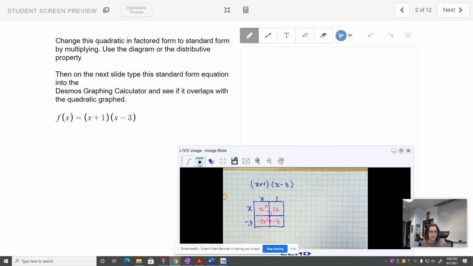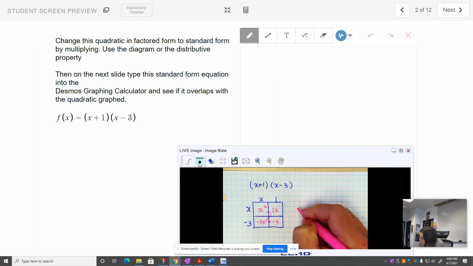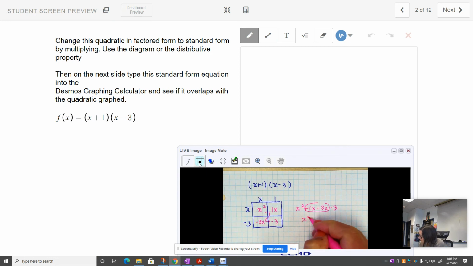Then as I write this out in standard form, I get x squared plus 1x minus 3x minus 3. It looks like I can simplify by combining these two terms right here. So I would get x squared minus 2x minus 3. That is standard form.